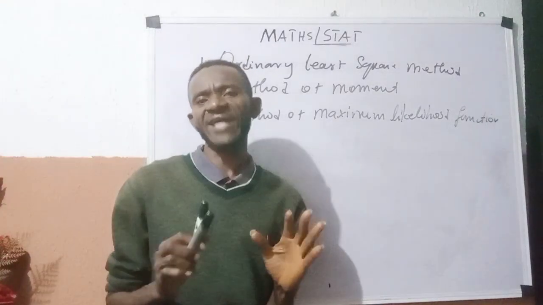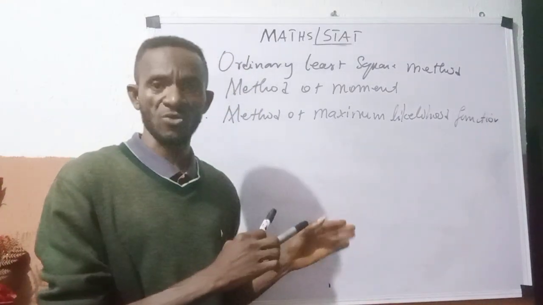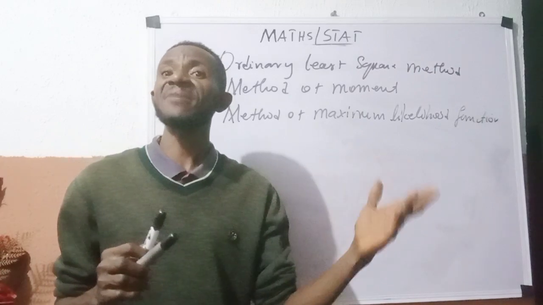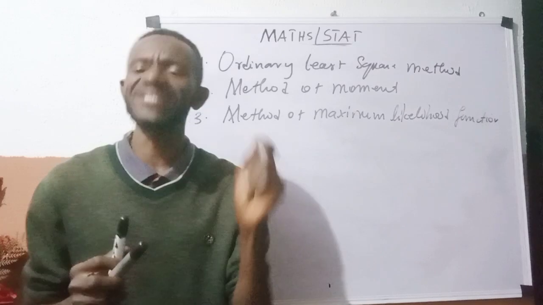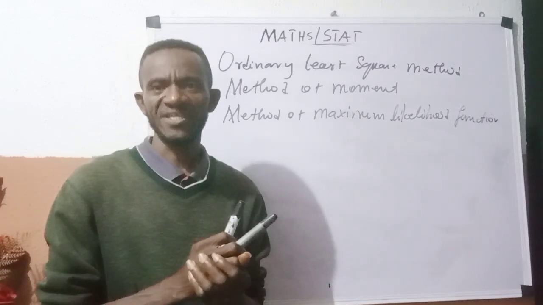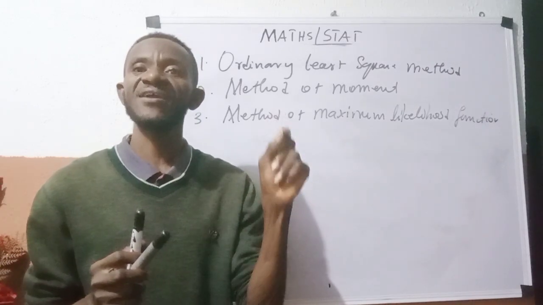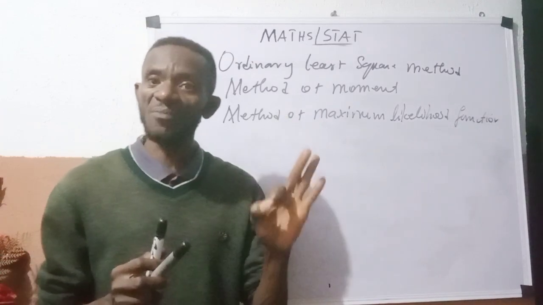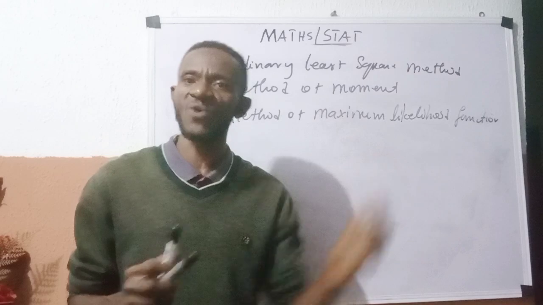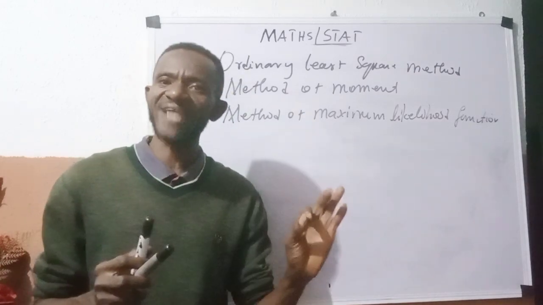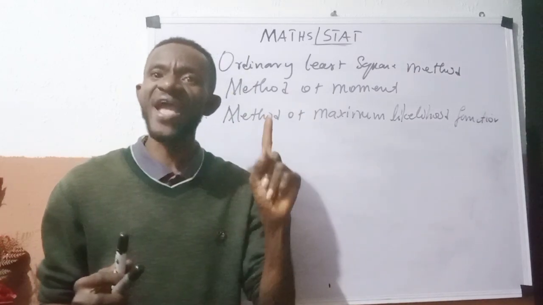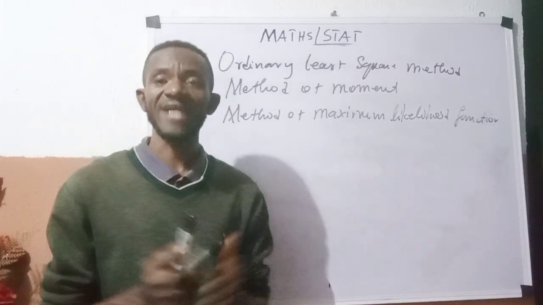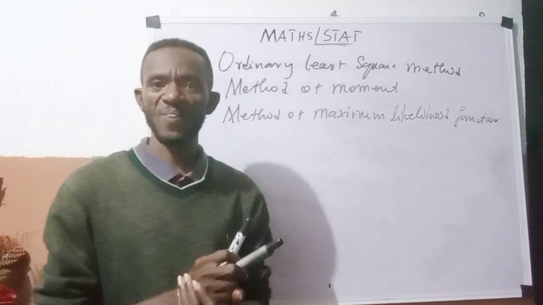The use of that method to estimate the regression parameters minimizes the sum of the square residuals, or the sum of the square errors. Errors and residuals are the same thing, and they can be used interchangeably.